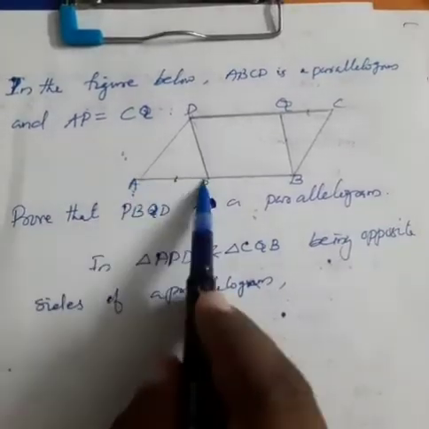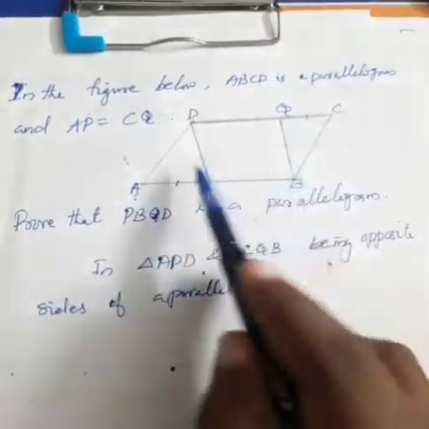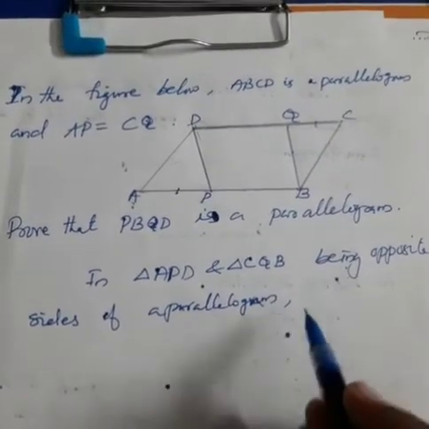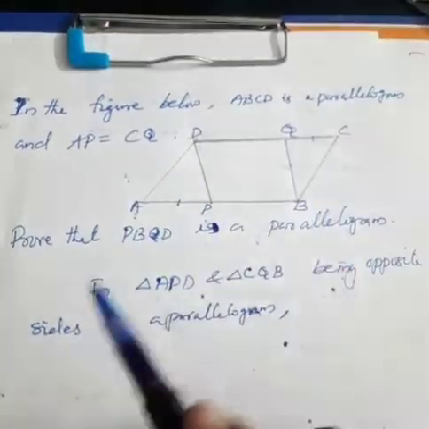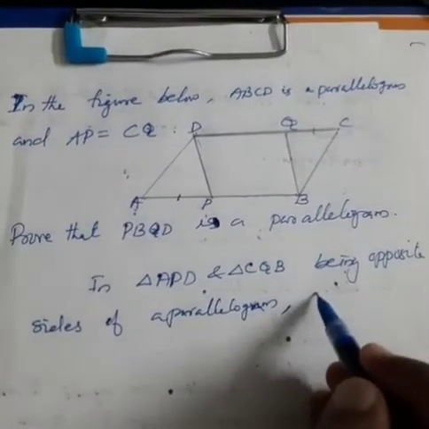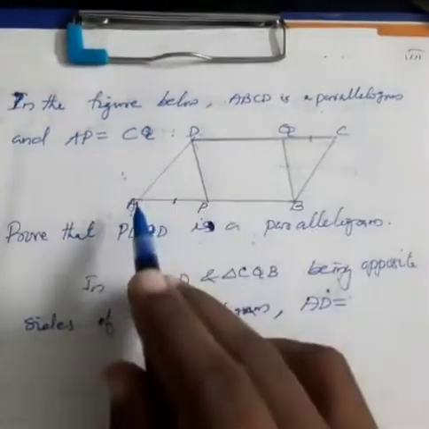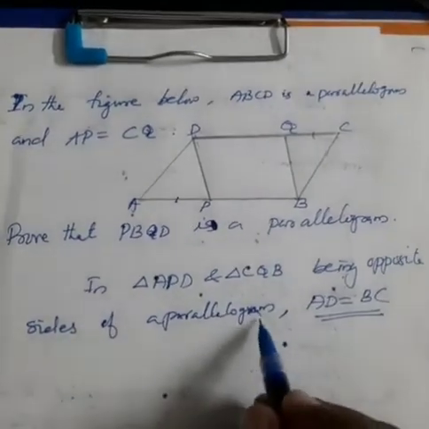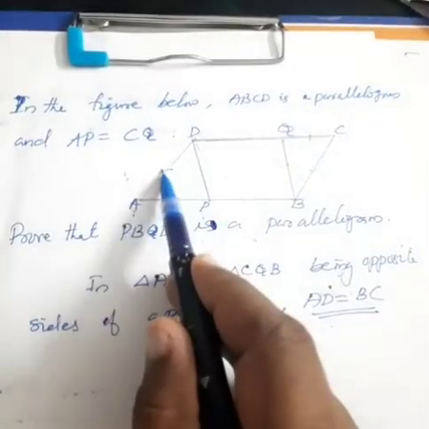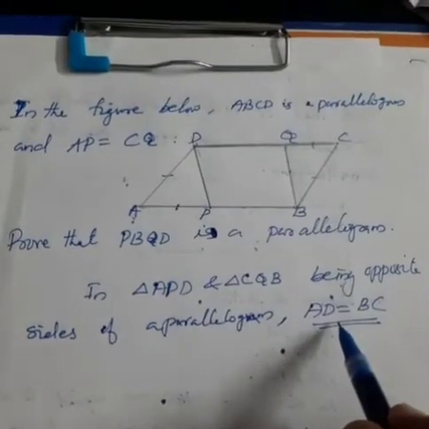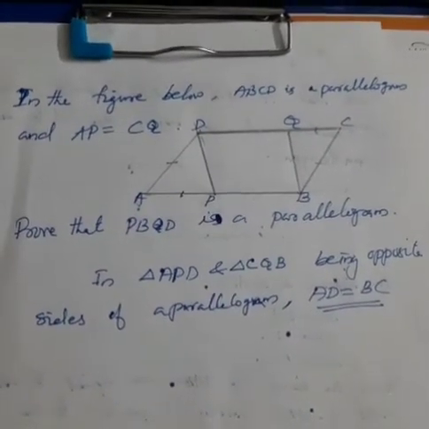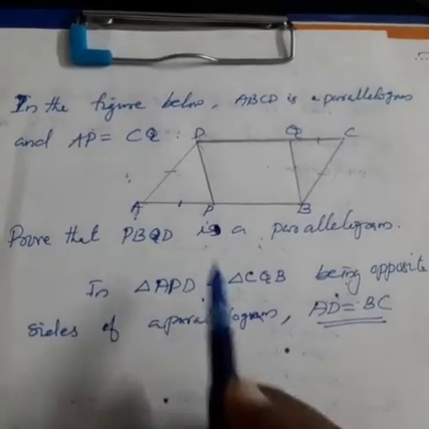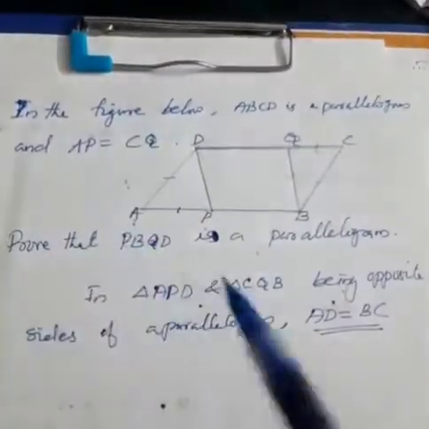In triangles APD and CQB, these two being opposite sides of a parallelogram, AD should be equal to BC. These are the opposite sides of a parallelogram. We can write these two sides are equal. And one more thing, you already studied: in the case of a parallelogram, opposite angles are equal.